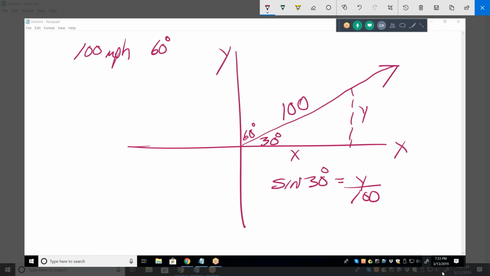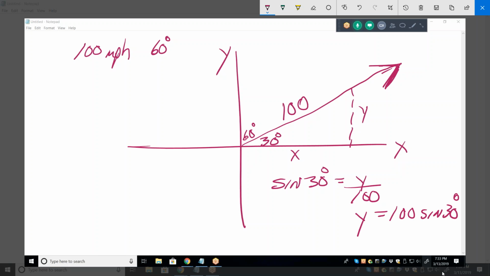One way to plot a vector is on polar coordinates, and polar coordinates fit on top of xy coordinates. Notice that I've drawn the xy coordinates, but this really is a vector, 30 degrees counterclockwise from the x-axis. So y ends up being equal to 100 times sine of 30.